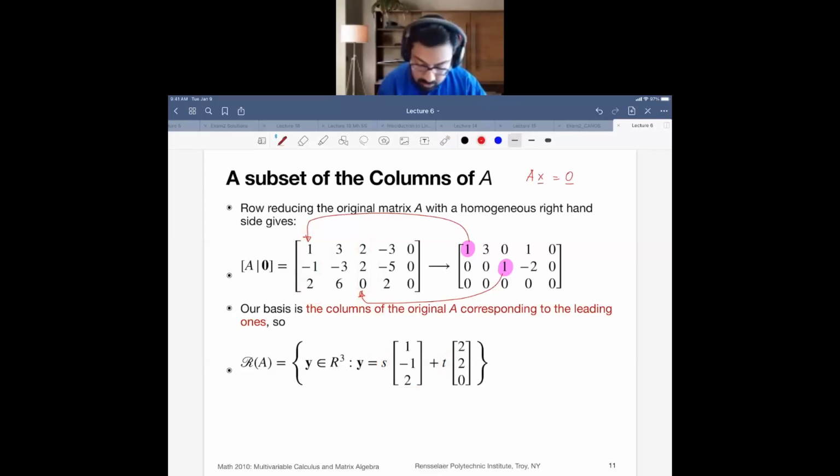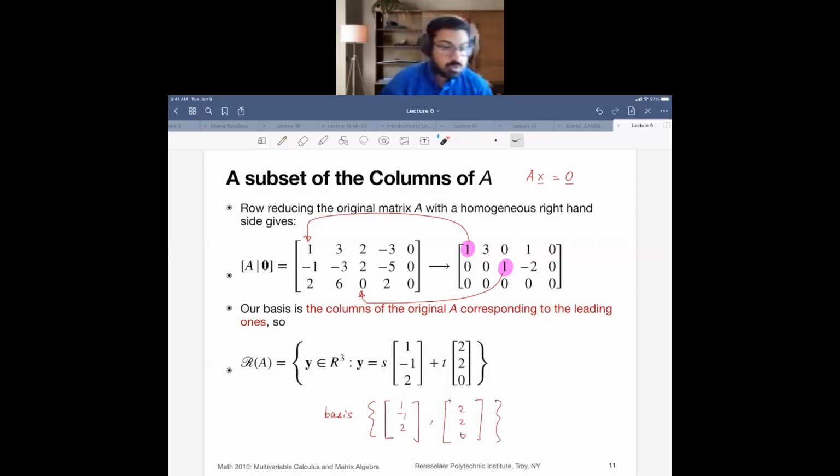So the basis over here is going to be (1, -1, 2) and (2, 2, 0). So it's very directly we can do this. All we have to do is go from the augmented matrix of the homogeneous set of equations to the row reduced echelon form, mark out the leading ones, pick the corresponding columns, and that will be your basis.